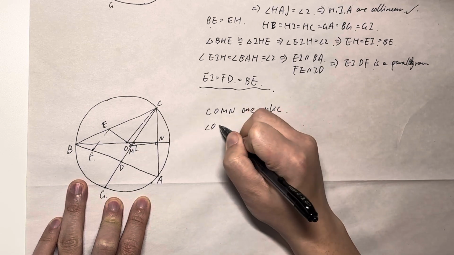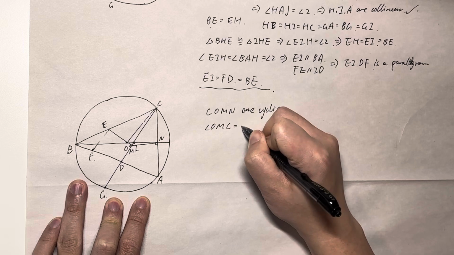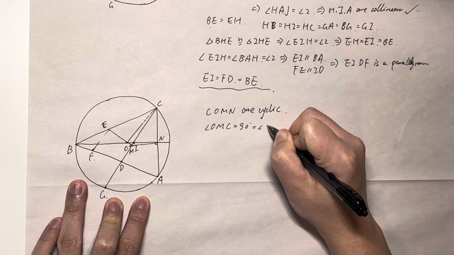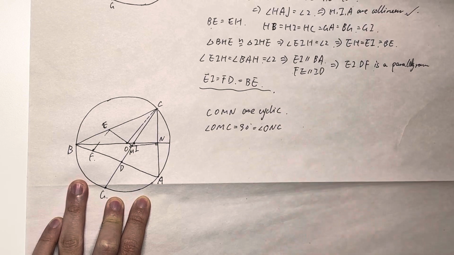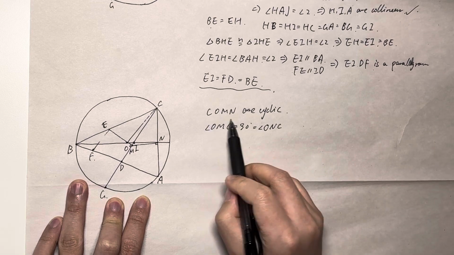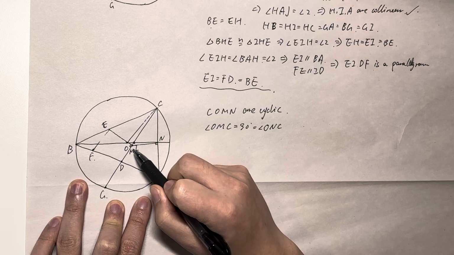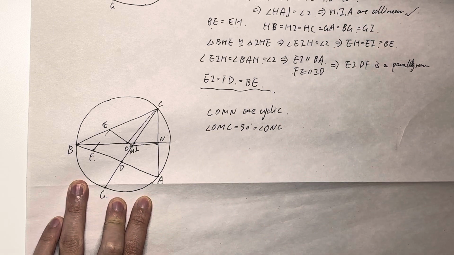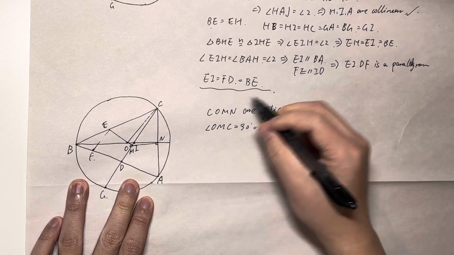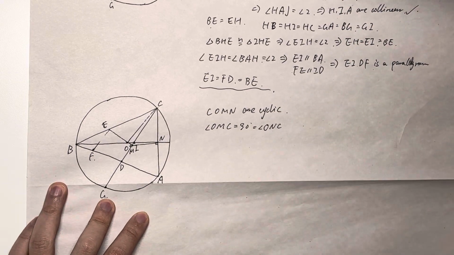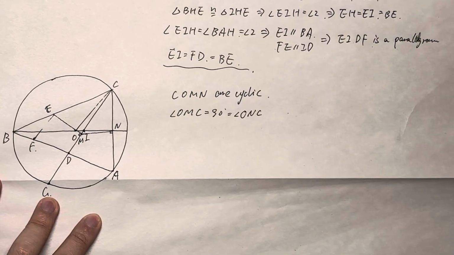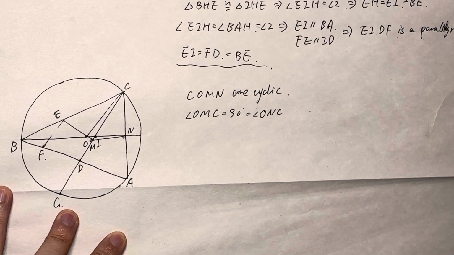Angle OMC equals 90 degrees equals angle ONC. So we know that C, O, M, N are cyclic. And if it's not very clear, I'll just zoom in a little bit.